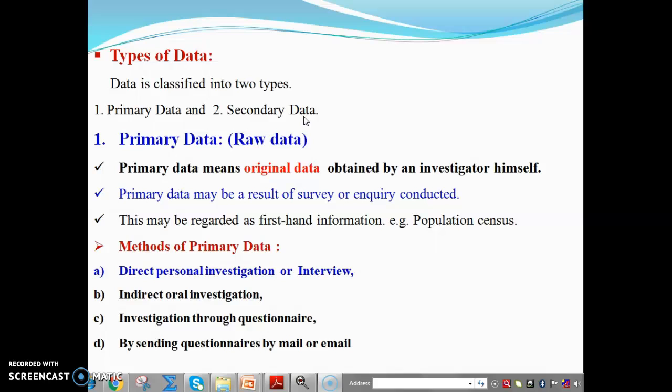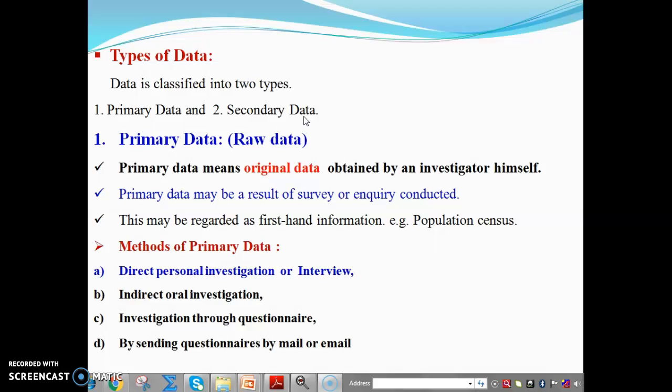Primary data is also called raw data, and primary data are more reliable than any other types, but are expensive and time consuming.